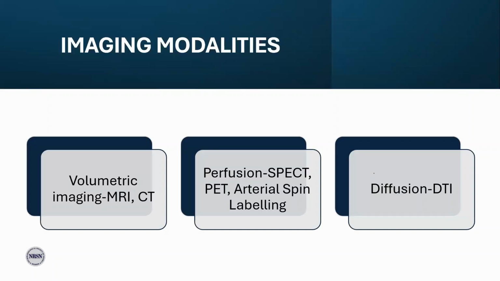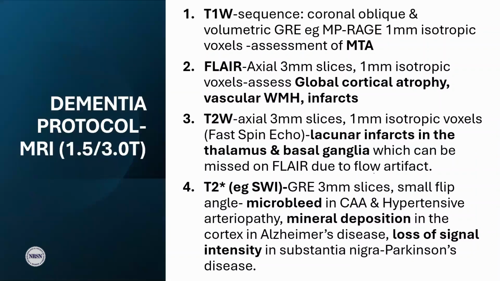Imaging modalities that are used in assessing dementia include magnetic resonance imaging, computed tomography, then perfusion studies, the single photon emission computed tomography, positron emission tomography, arterial spin labeling, and the diffusion modality, which will include the diffusion tensor imaging.